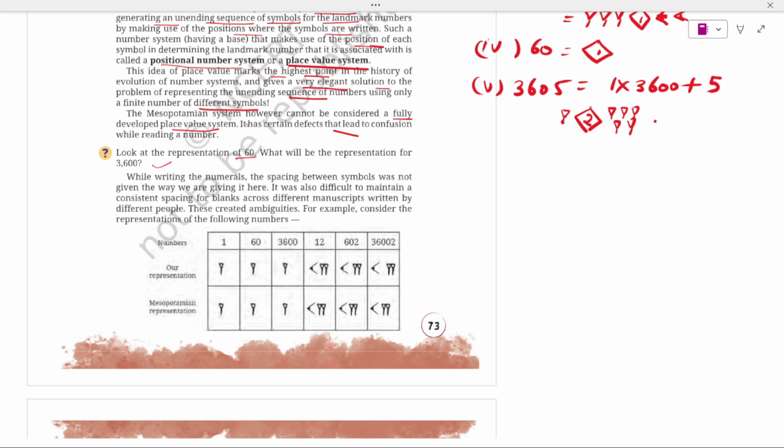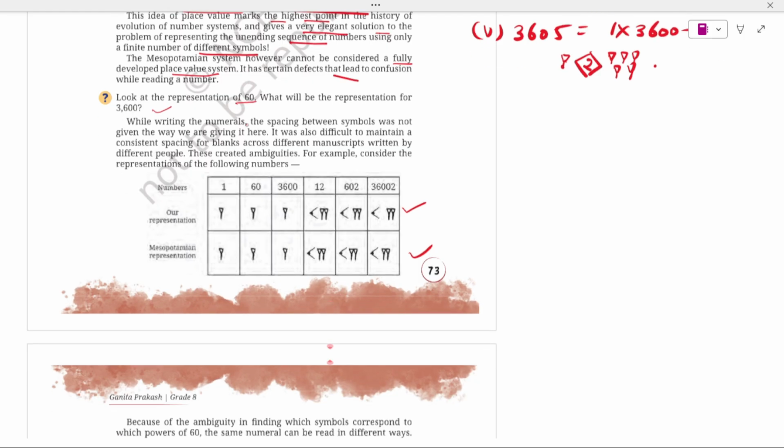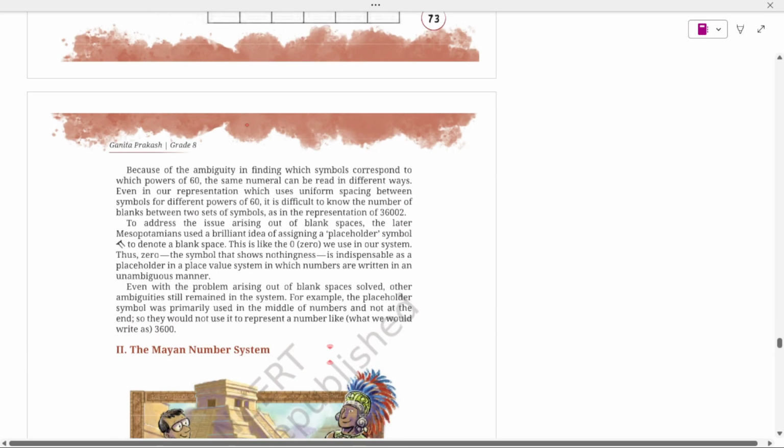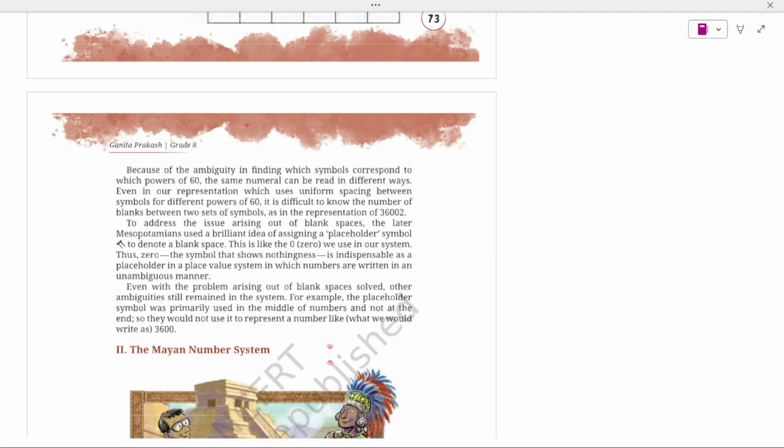The manuscripts are different from what we copy or consider. They created ambiguities. For example, consider the representation of the following numbers. Just differentiate between them. Because of the ambiguity in finding which symbol corresponds to which power of 60, the same numeral can be read in different ways.